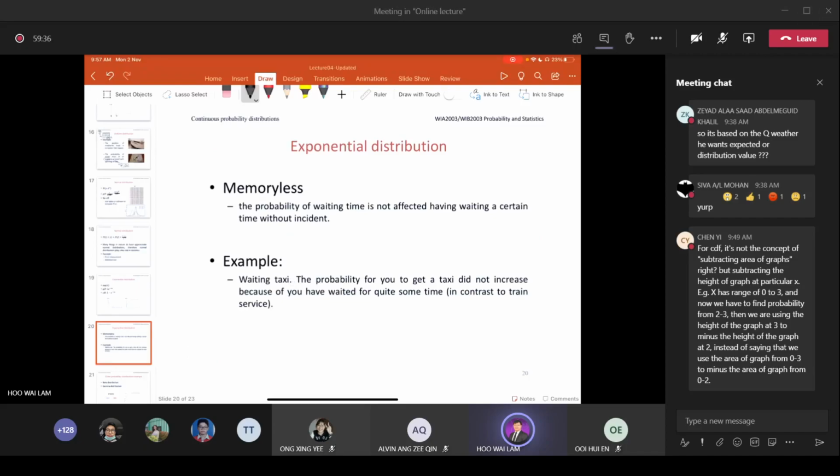So in that case, no matter whether you're waiting for the taxi for 8 minutes, 10 minutes, 20 minutes, or even 15 minutes, it will not affect your chance of getting your next taxi. So when you are not so sure about memoryless, the waiting bus and waiting taxi example will be able to give you a very good comparison. Over here, train services, but still the same.